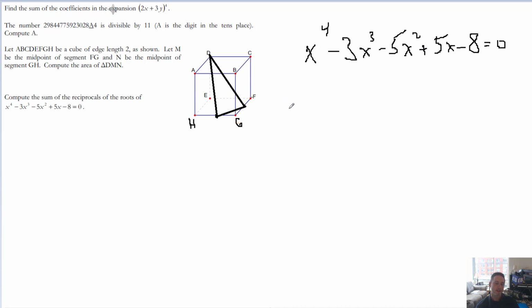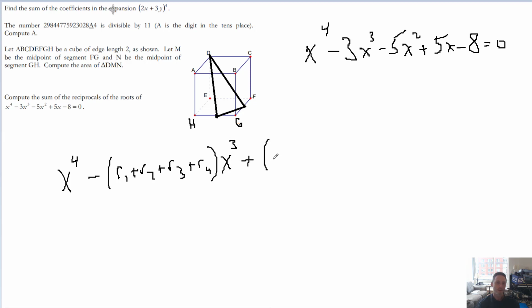We need to understand the relationship between the roots of an equation and the coefficients. When the lead coefficient is 1, which it is, this is what our roots would look like. Maybe I'll do it down here because we need more room. So x to the 4th minus the sum of the roots, r1 plus r2 plus r3 plus r4, the sum of the roots taken one at a time, times x cubed.